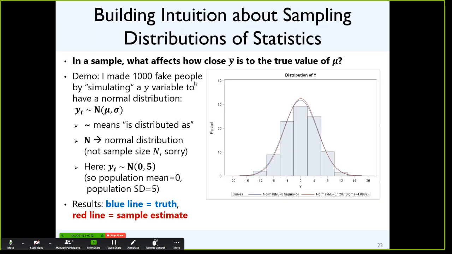So first question. In a sample, what affects how close the sample mean, y bar, is to the true value of the population mean? And we looked at this and we came up with 2 things. Do you remember? What affects the certainty with which we say, yes, the sample mean is a good approximation of the population mean? How close it is? Sample size. Is more people better or fewer people better?